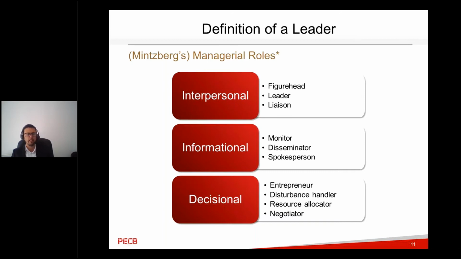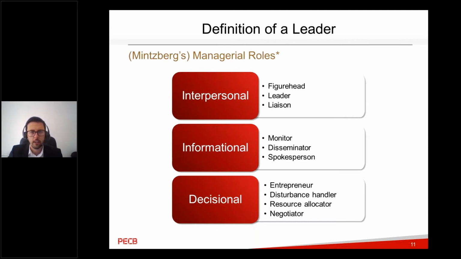The disseminator tries to give information to certain people, be that internal or external stakeholders, as well as play the role of the spokesperson, which means that they will provide information to outside of the organization itself.